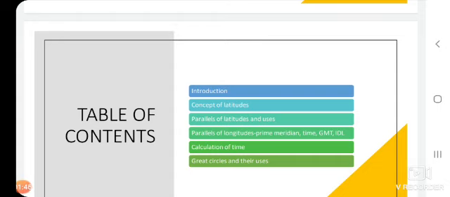GMT is nothing but the Greenwich Mean Time, and the International Date Line. You will also learn about the calculation of time and the great circles and their uses. So let us learn one by one.